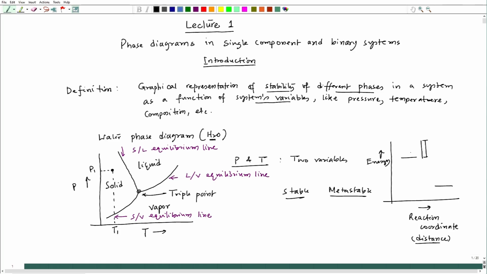Okay. So, now if I try to look at it, there are two balls, which are labeled as E1 as well as E2. Now, if I take this ball and take it to this level where we do not have any support, this ball can easily roll down, fall down and come to this place.